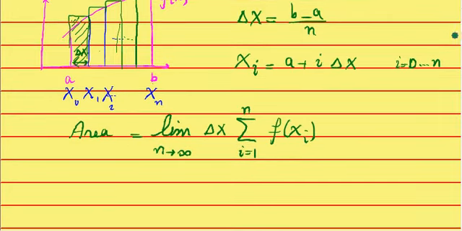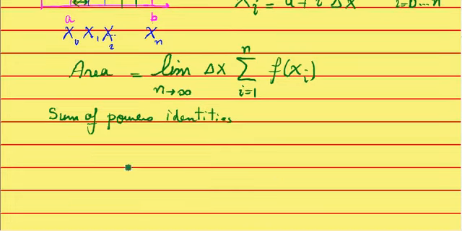One major item that you are going to need in all of these types of problems is the sum of powers identities. Easiest one is when you're just adding power 1 of ordinary numbers from 1 through some number n: n times n plus 1 over 2. We gave a simple reasoning for that.